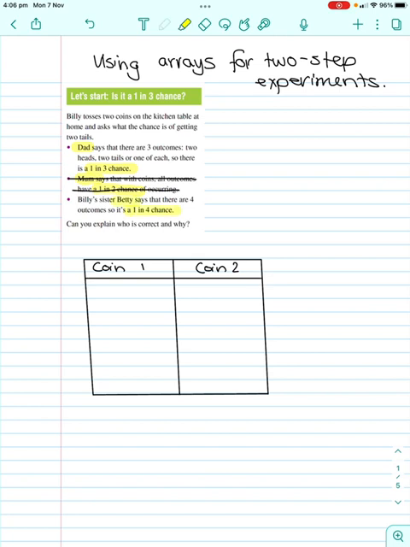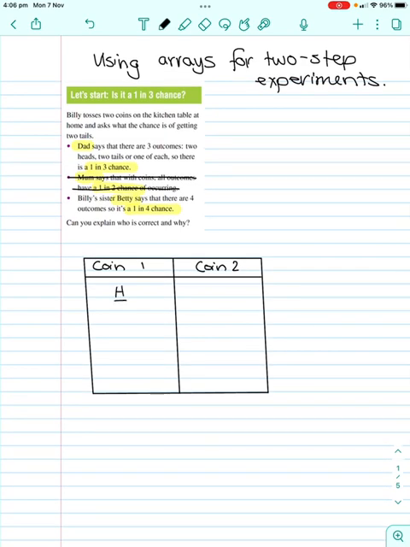To see who's right out of those two, I've done up a little table depicting the coins. Coin 1 can either get a heads or a tails. And coin 2 could also get a heads or a tails. But we also know that there can be a combination of both a head and a tail. So we're going to do heads and tails.